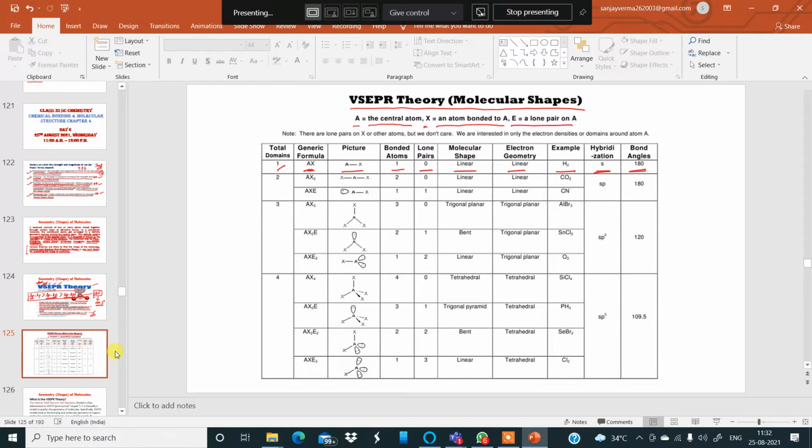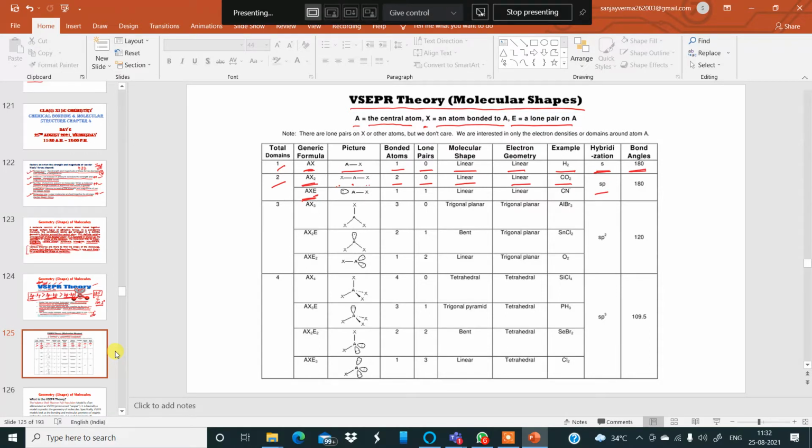If you look at domain 2, the generic formula is either AX2 or AXE, where E stands for the lone pair. In AX2, there is a central atom and two atoms bonded on the side. Bonded atoms are 2, lone pair is 0, so it is a linear molecule. Example is carbon dioxide. Hybridization is sp. I will talk about hybridization later in this chapter.